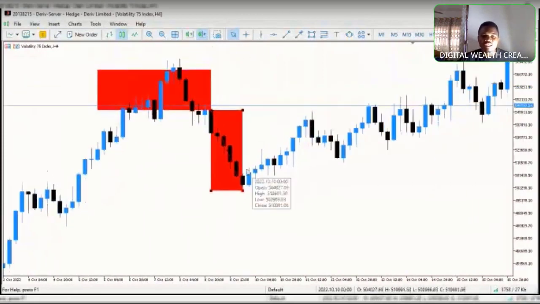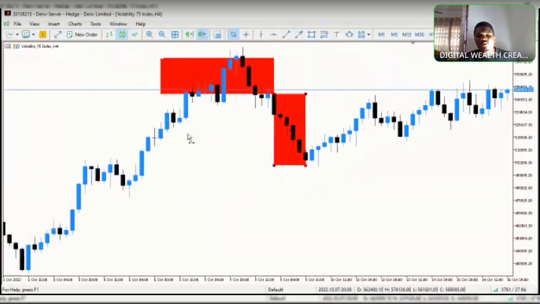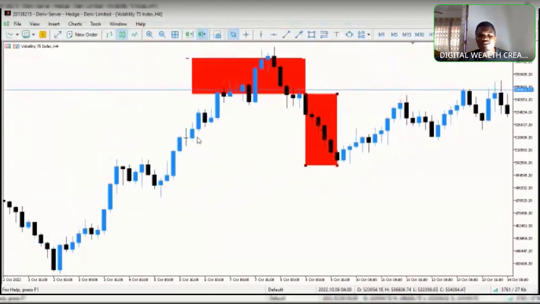So like I said, our main focus is how to trade from here up to here. That's what we are going to focus on, because we've seen a fully formed tweezer top. Now our next target is how to trade the next candle that is going to form right after this fully formed tweezer top.